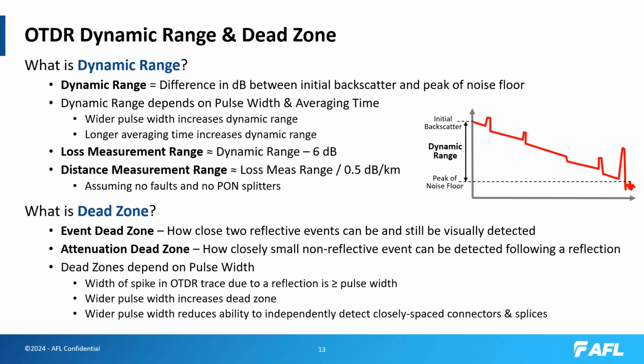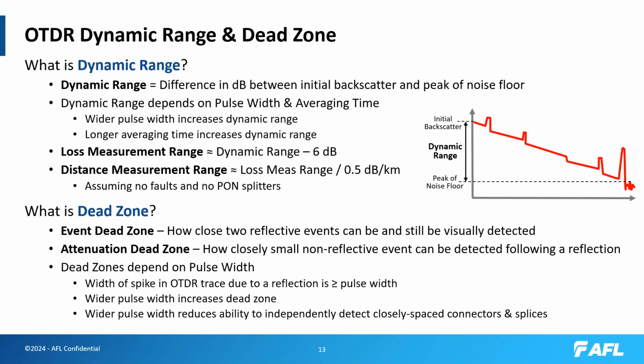In the case of dynamic range, a wider pulse width is better. You get more dynamic range with a wider pulse width. You'll get a better signal to noise ratio with a wider pulse width. The opposite is true with dead zones. With wider pulse widths, two closely spaced events will begin to overlap.